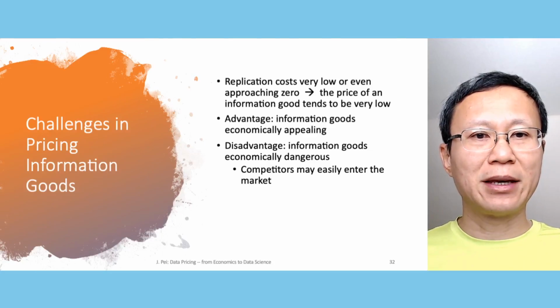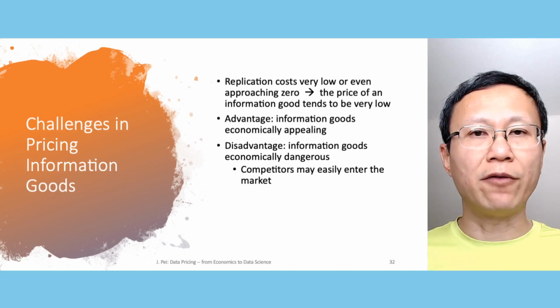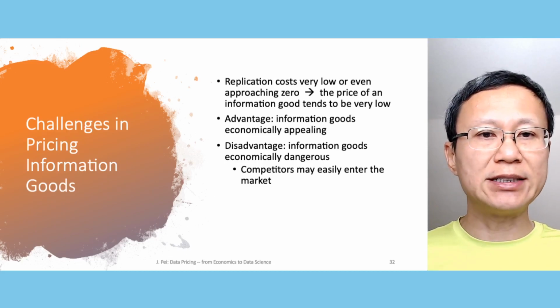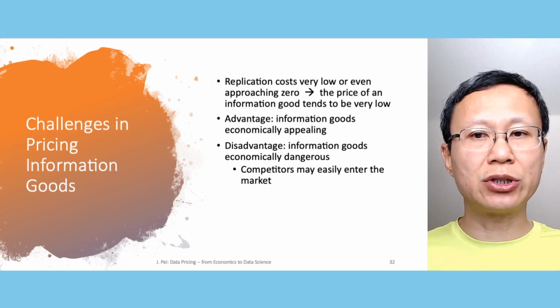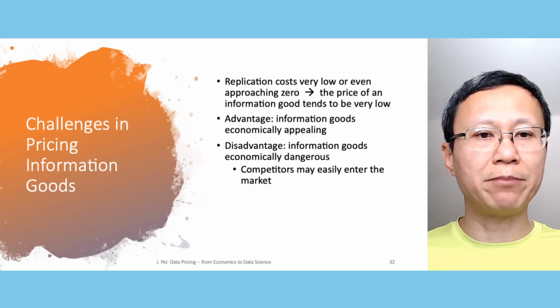Versioning. As the replication costs of information goods are very low, even approaching zero in many cases, the price of an information good tends to be very low in marketplaces too.